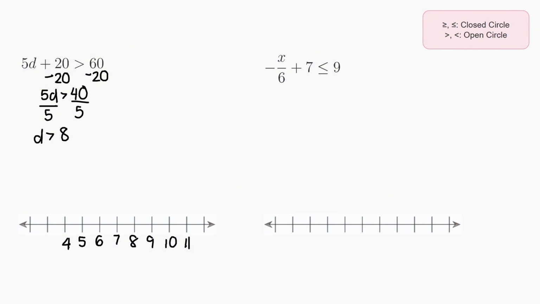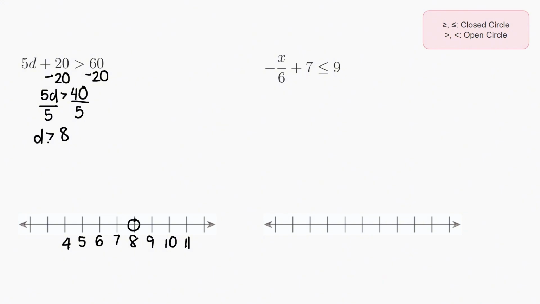Okay, so first thing is that we want to make an open circle at 8. We're going to check whether we want it to stay open. Here we have d is greater than 8, which means we want it to be an open circle because there is no equal to here, right? 8 is not a valid solution, so we don't want to cover it in. And then here you can check the arrowhead.